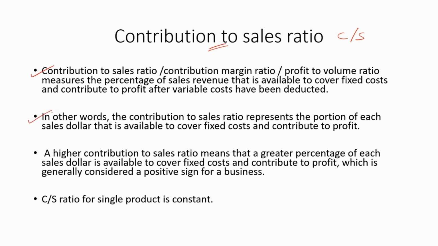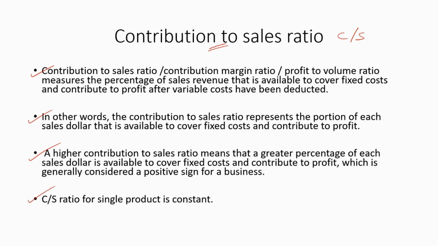In other words, it represents the portion of each sales dollar that is available to cover fixed costs and contribute to profit. A higher ratio means a greater percentage of each sales dollar is available to cover fixed costs and contribute to profit, which is generally considered a positive sign for a business.